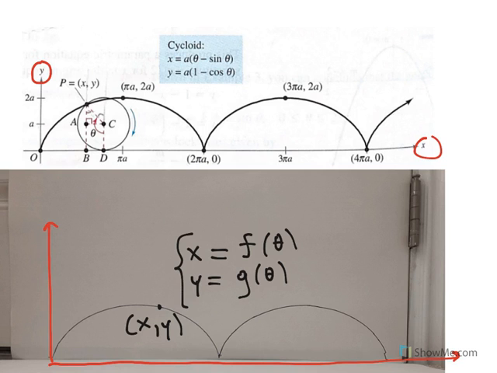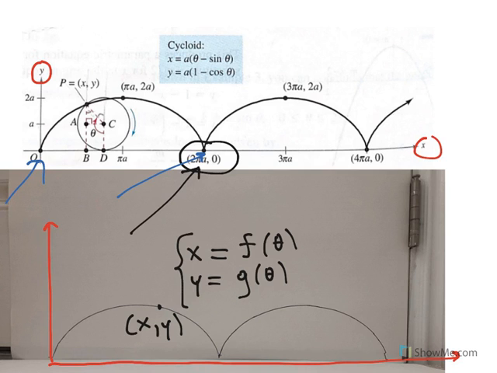So if you look at the diagram in the textbook, you can see that at this point here, the x coordinate would be equal to 2 pi a, because how did we get from the origin to this point? We had to roll our roll of tape one complete revolution, corresponding to an angle of rotation of 2 pi radians.